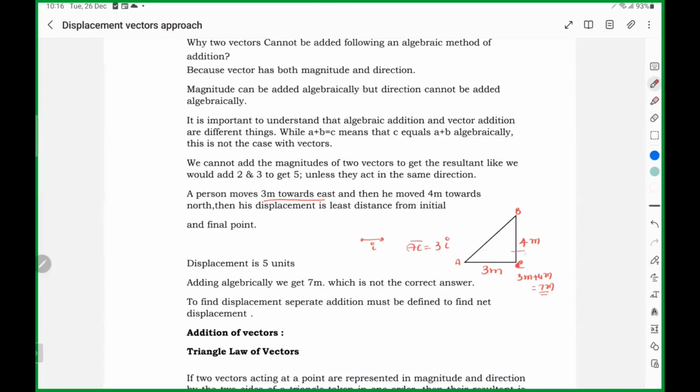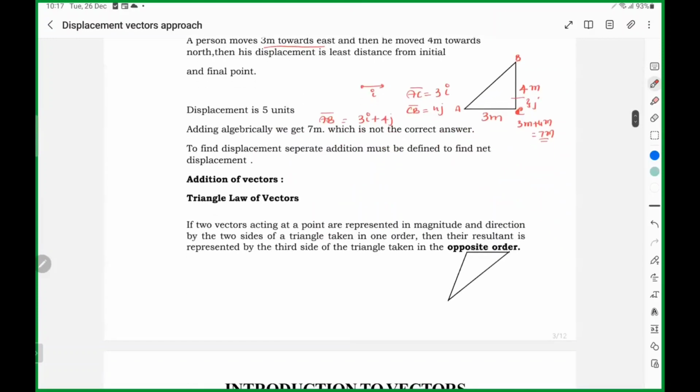Along y-axis for 1 unit j, let CB is 4j. So this AB vector, finally I can write 3i plus 4j. So general algebraic addition is not meaningful here. To find displacement, we cannot add vectors like a scalar addition.